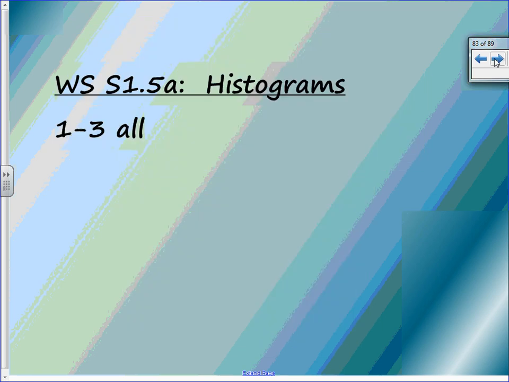So actually, what I'd like us to do is create a histogram right now. And I'm going to give us some sample data to work with. I'm going to try and see if you guys have some room. Yeah, grab a sheet of paper.